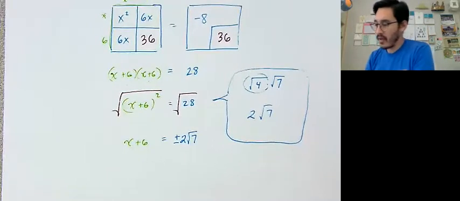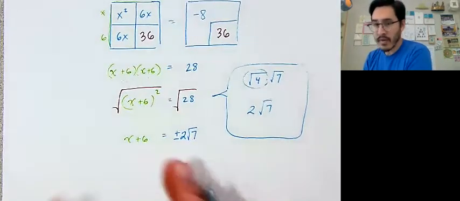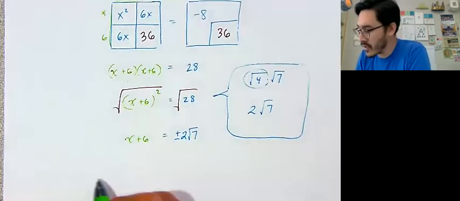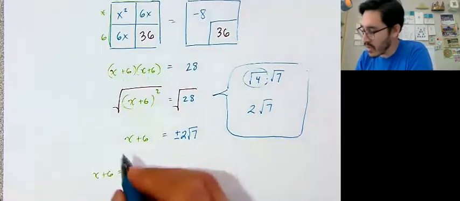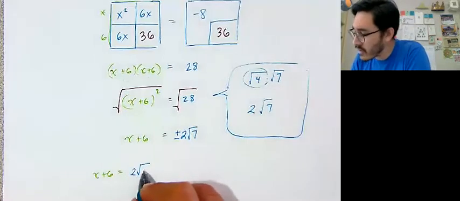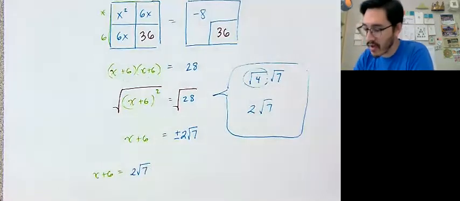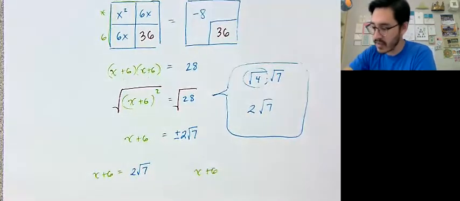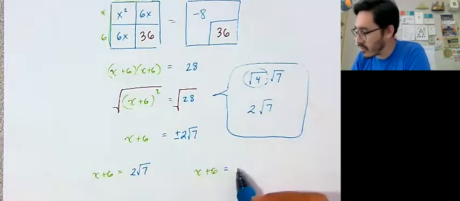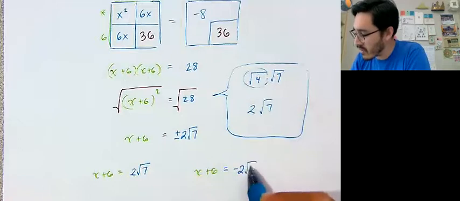All right. At this point, I'm going to split it into 2 separate equations. We'll write it as x plus 6 equals the positive 2 root 7 value, and then x plus 6 is equal to negative 2 root 7.